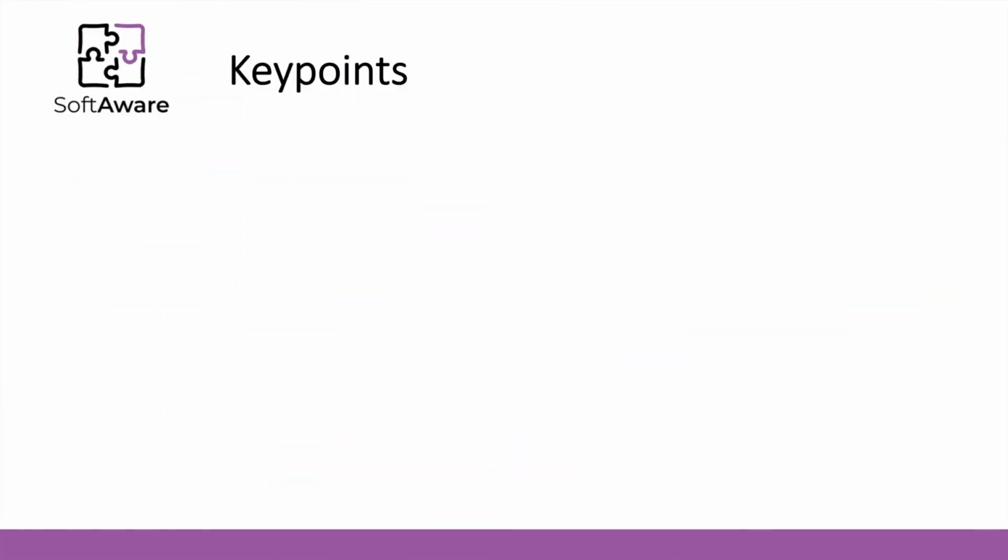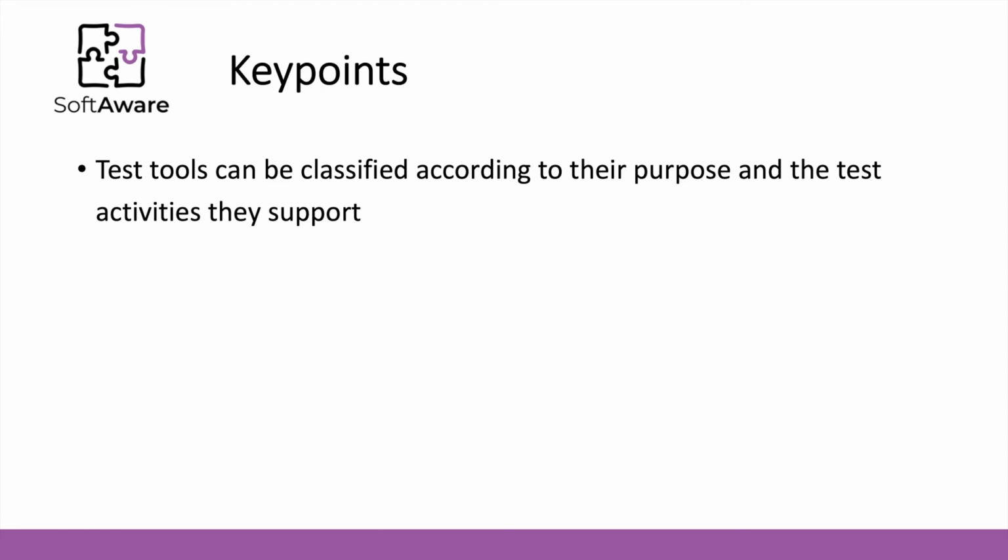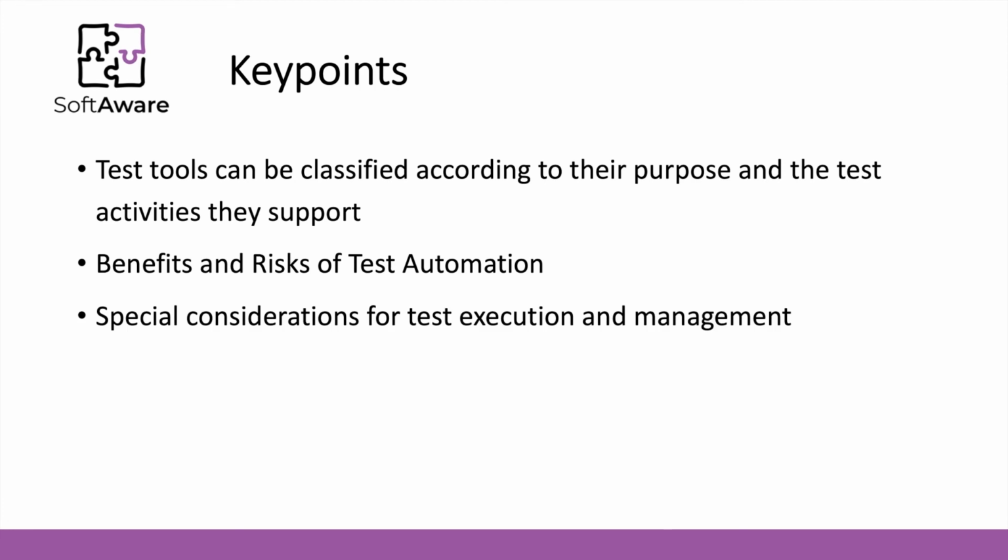Some key points to take away. Test tools can be classified according to their purpose and the test activities they support. It is fundamental to identify all the benefits and risks of test automation specifically for your organization. You should always remember the special considerations for both test execution and management.